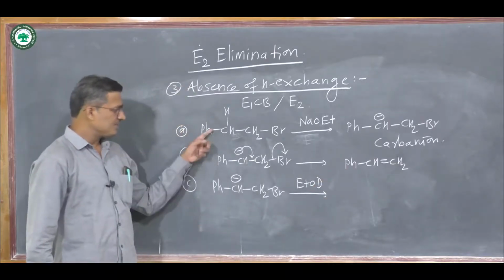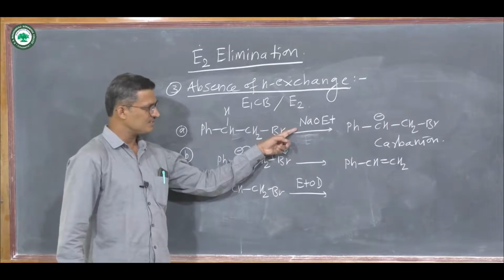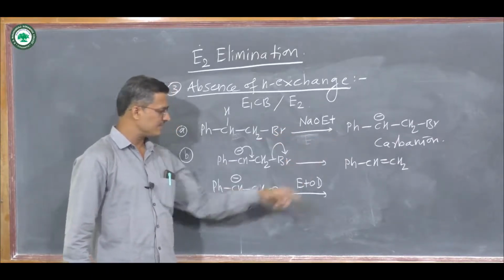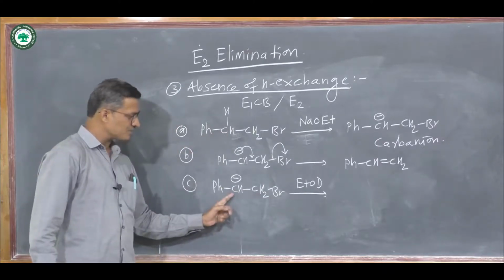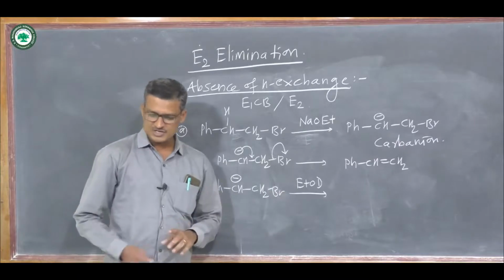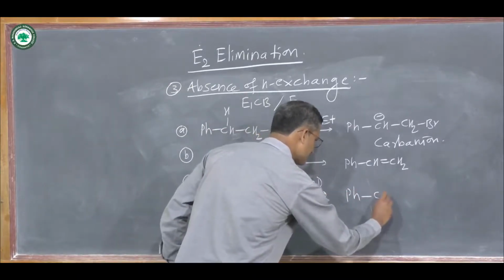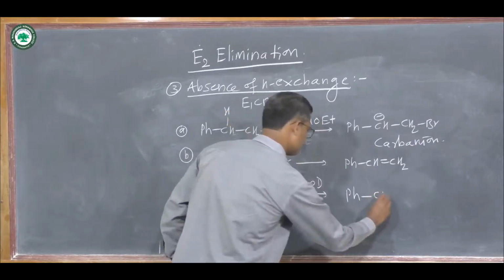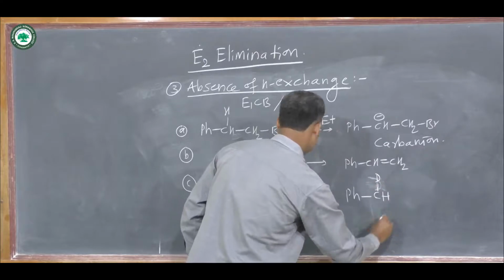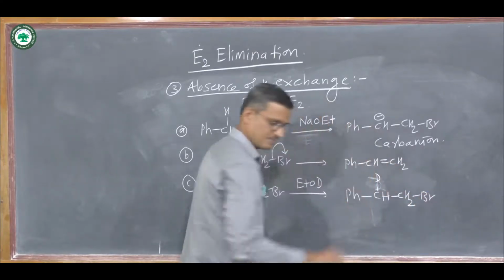But in this experiment, you treat the substrate with the base, sodium ethoxide, then 50% carbanion formation takes place, then again in the reaction mixture we add deuterated ethanol. And when we add deuterated ethanol, we get this type of product, and we write Br.